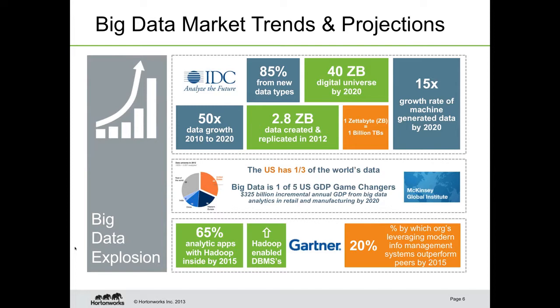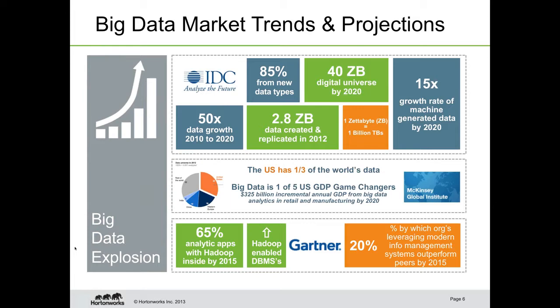And then if we look at some data from Gartner, Gartner also echoes really that same kind of study and use of data, and in fact with a focus on Hadoop. 65% of analytic applications will be using Hadoop from the inside on 2015 as a kind of core storage and analytic platform.